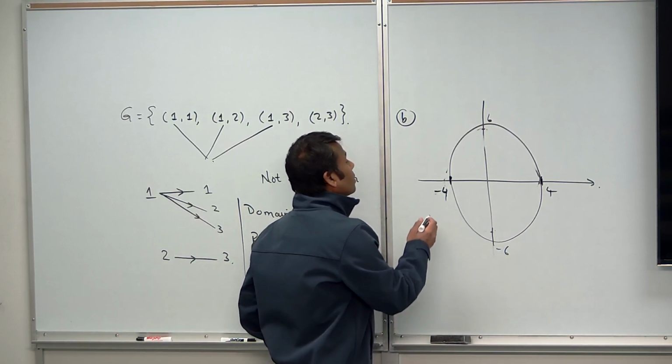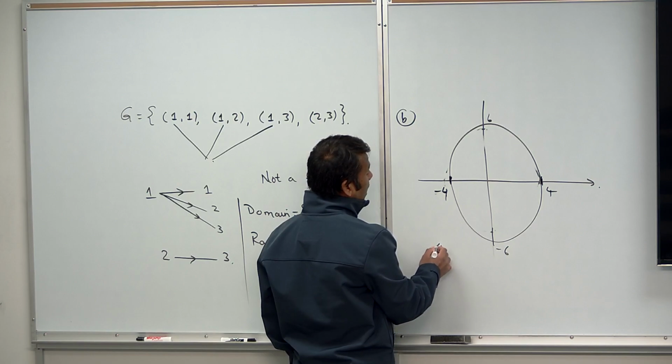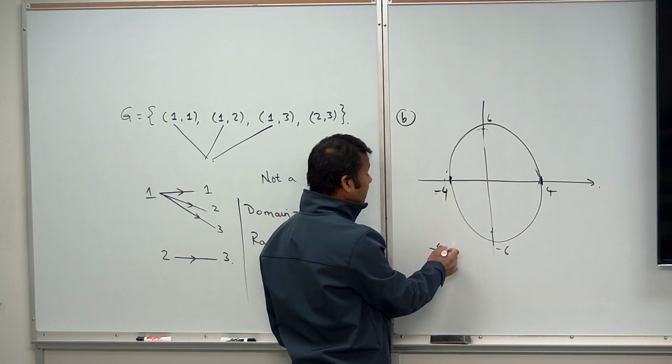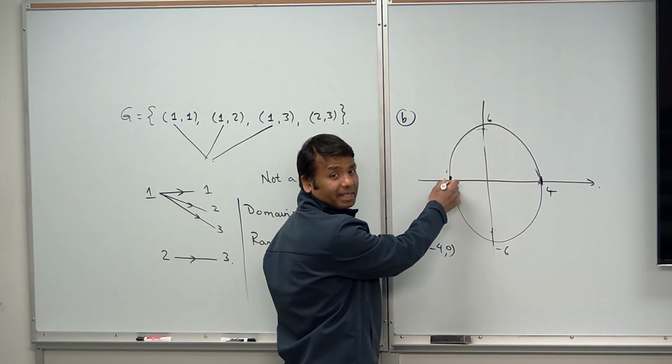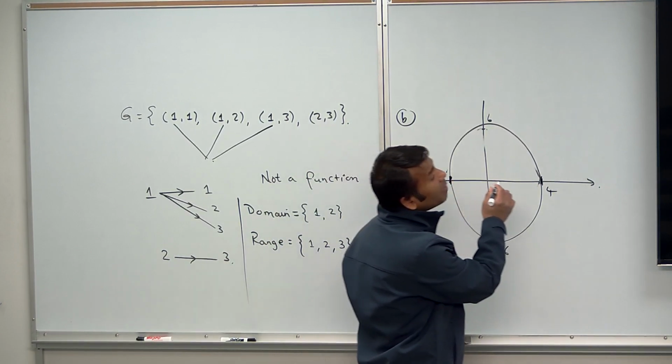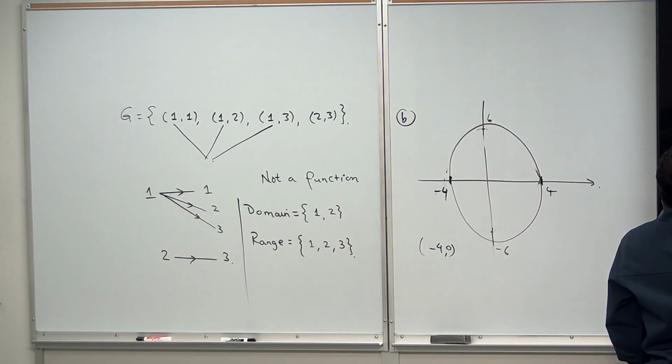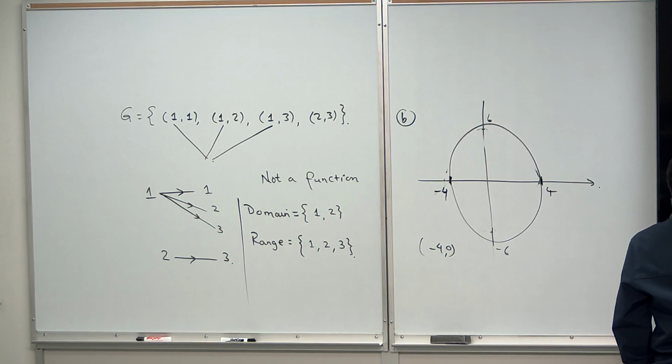So look here. For -4, what is your y value? 0. Yes. This is -4, 0, right? Now, if you look here, this is negative 3, is that right? For negative 3, what is your y value? Is that 4?